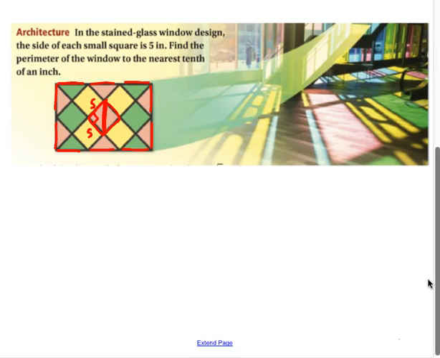Well, the key is actually in Pythagorean's theorem. Okay, remember, that's how you can find the hypotenuse of a right triangle. A squared plus b squared equals c squared. So I'm going to get to use Pythagorean's theorem.